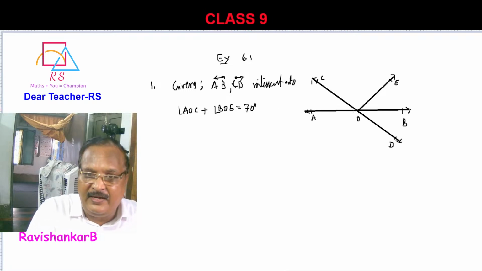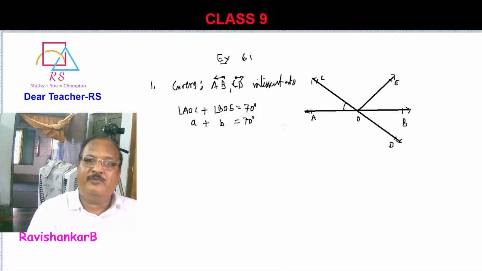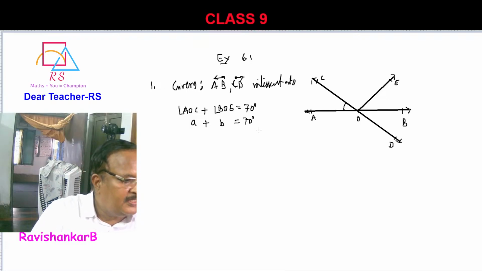Let me find AOC from the figure. This is AOC. I will write small a plus small b is equal to 70 degrees. I am just changing the notation to the smaller one.